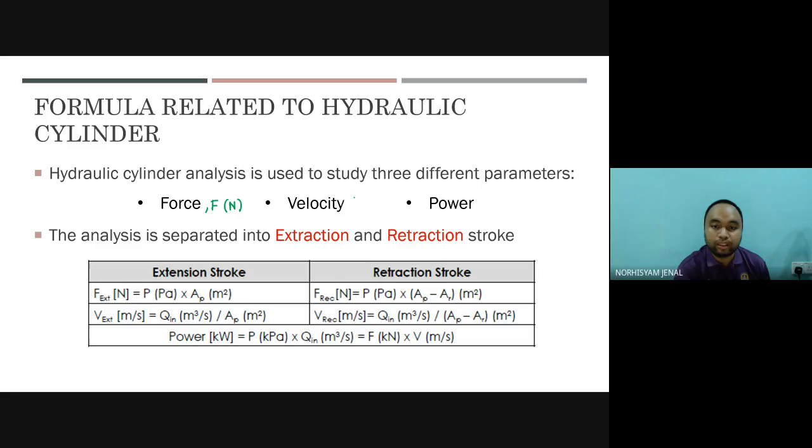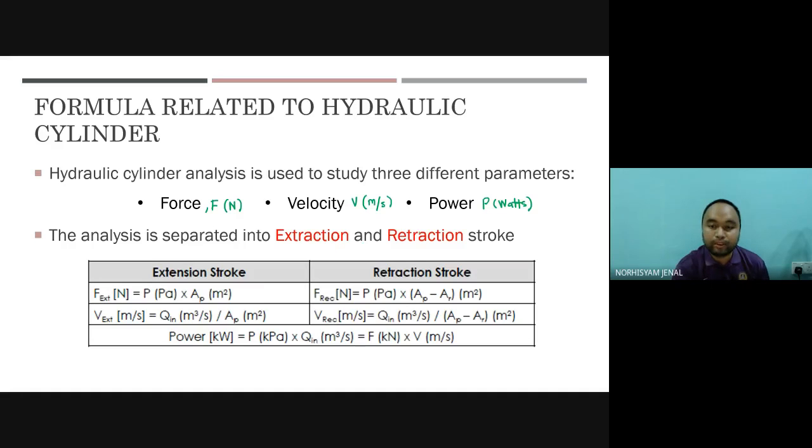Number two is velocity, which is V, in meter per second. And number three should be power, which is P, and this should be in watts. And the analysis is separated into extension and retraction stroke.